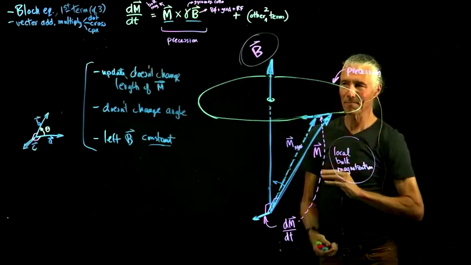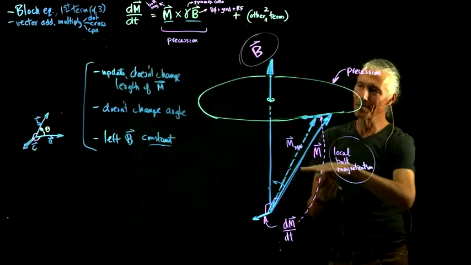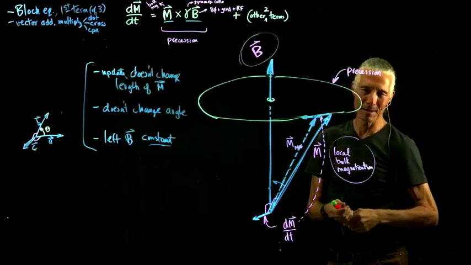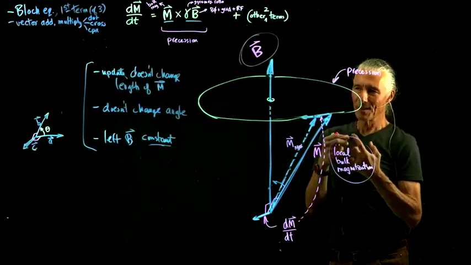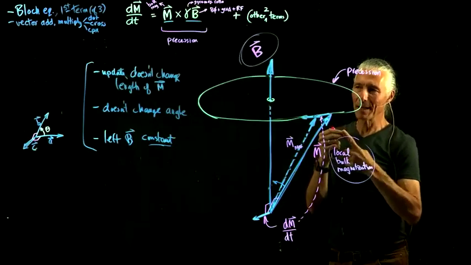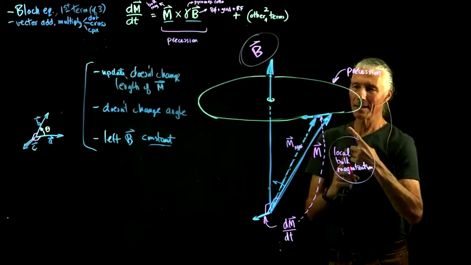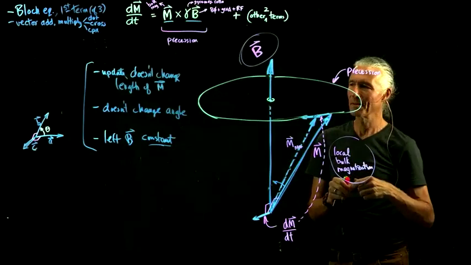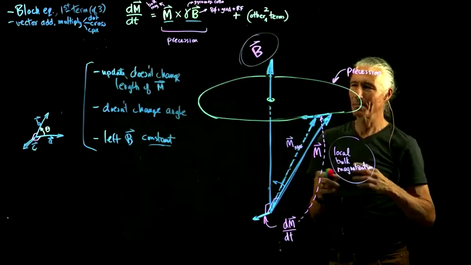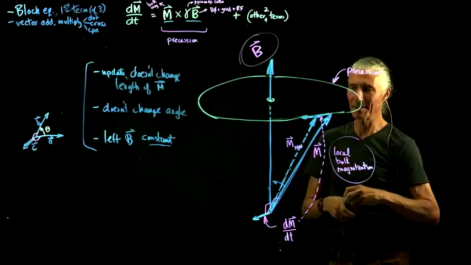Same equations. Of course there's friction, so eventually it'll slow down and hit the ground, but it's exactly the same mechanical thing that's happening with a spinning top sitting in a gravitational field, except it's with magnetic fields instead. But it's the same equation.